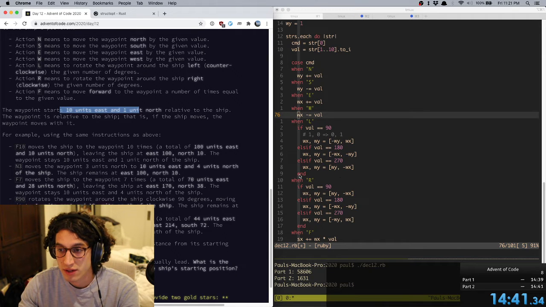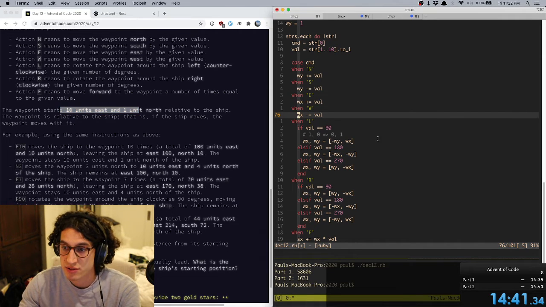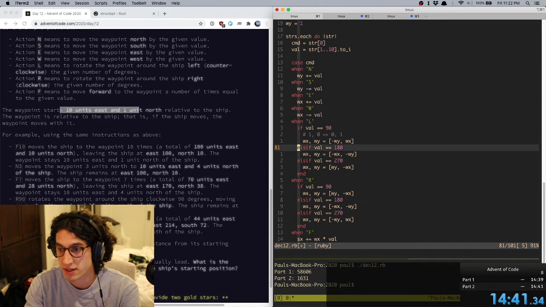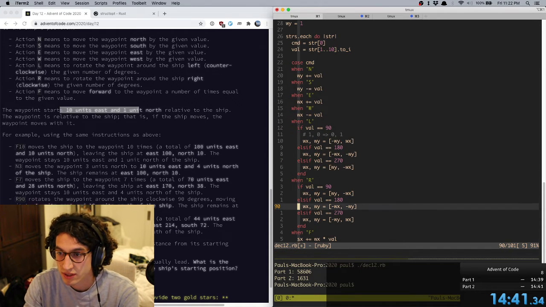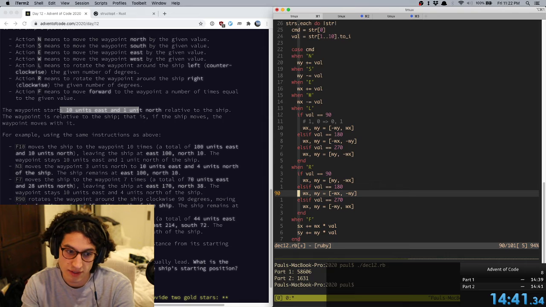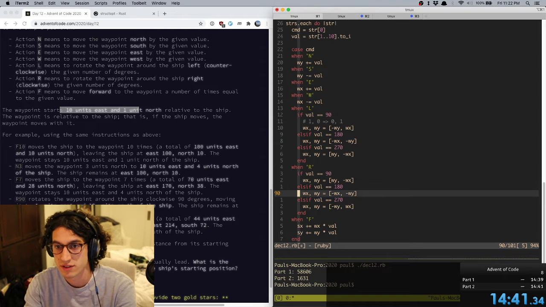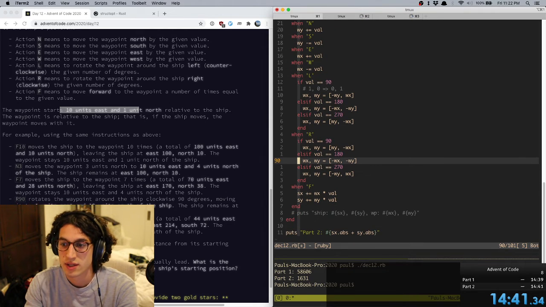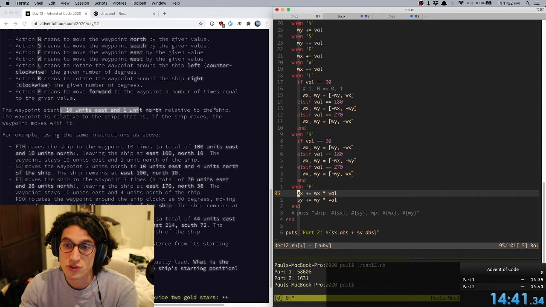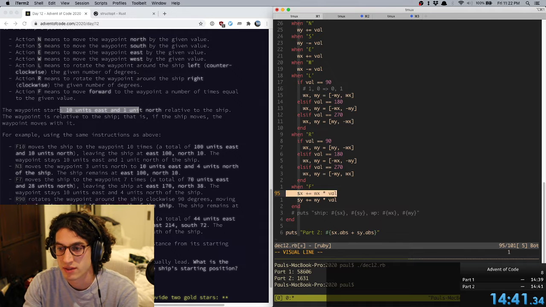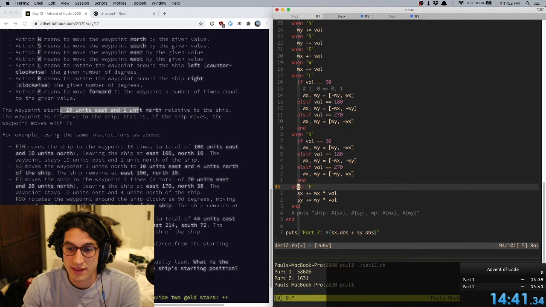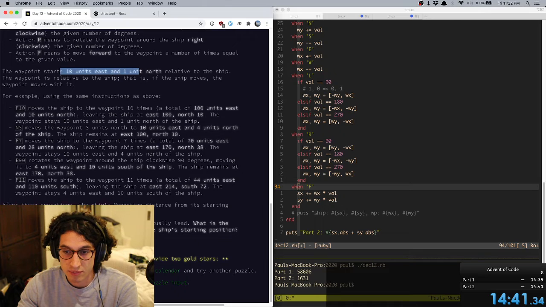For L and R, we move the waypoint, and so it's very similar. Can just copy the same code, but with waypoint x and y instead of directions. And then forward, we move to the waypoint that number of times. So we do the same thing. And then again at the end, we want to print the Manhattan distance.